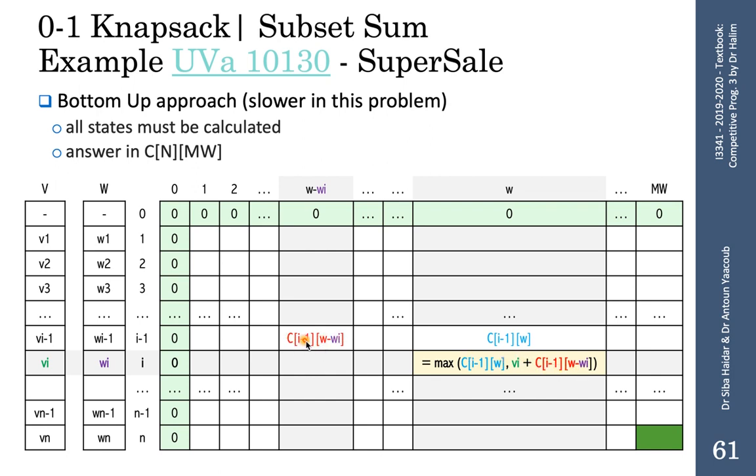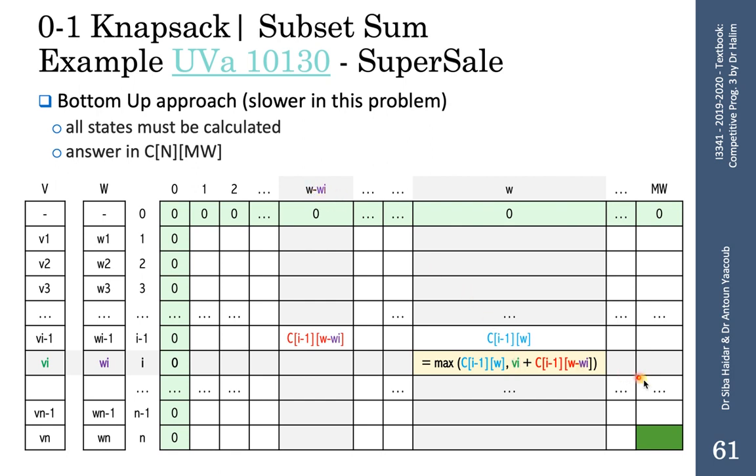So where the current W is equal to this W minus the WI of this item, of the previous. So we go up one line, but we go up also the number of columns necessary to decrease the weight.